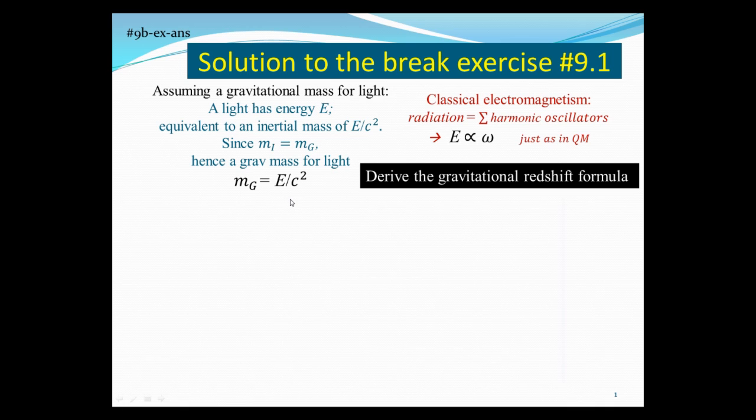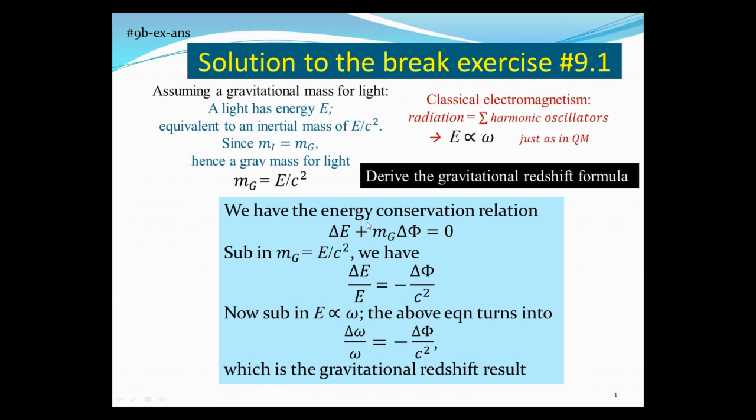The steps go like this. We have energy conservation, so the change in kinetic energy plus potential energy equals zero. If I substitute the gravitational mass into the potential energy term, this is delta E plus E delta phi over c squared. So we have delta E over E equal to minus delta gravitational potential over c squared.